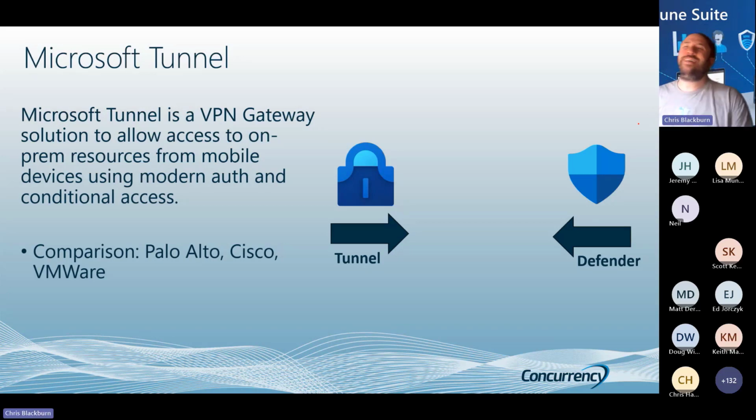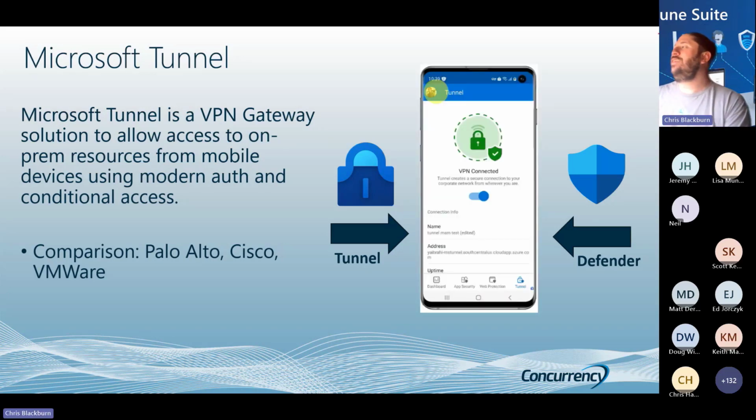Asterisk. So if you are using Defender in your environment today and you're protecting your devices with Defender, you already have that VPN client on your device. So you're able to have that tunnel connectivity and be able to access your networks.